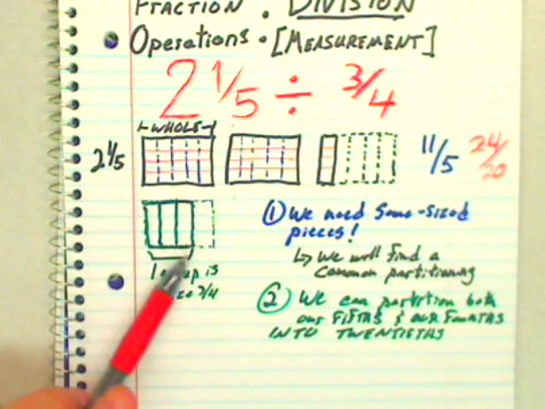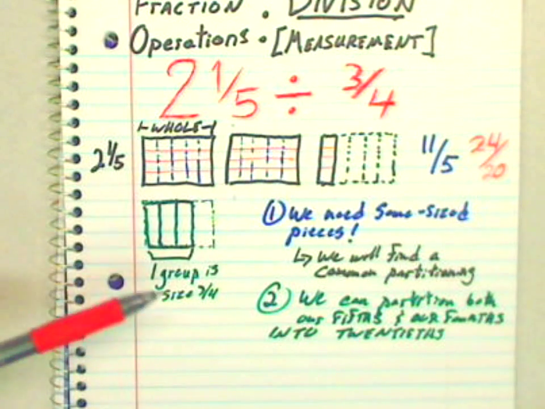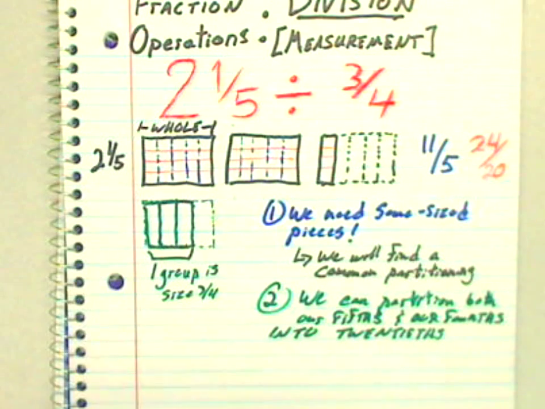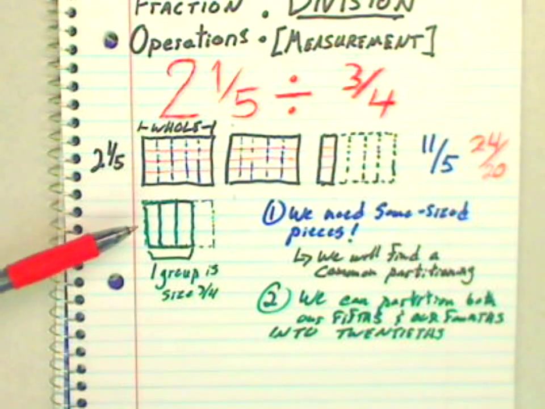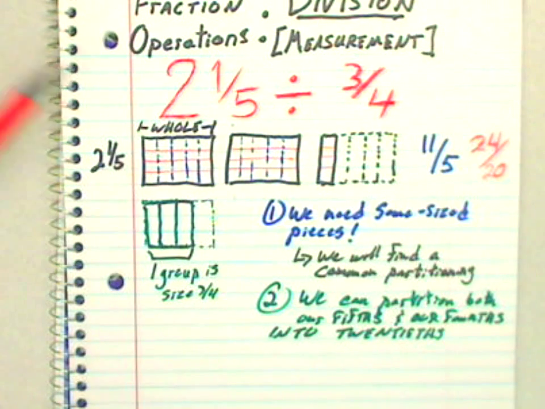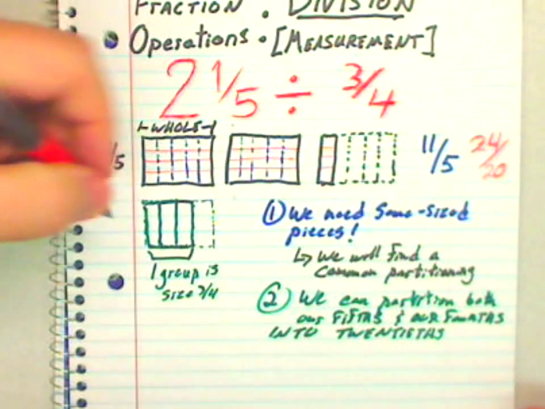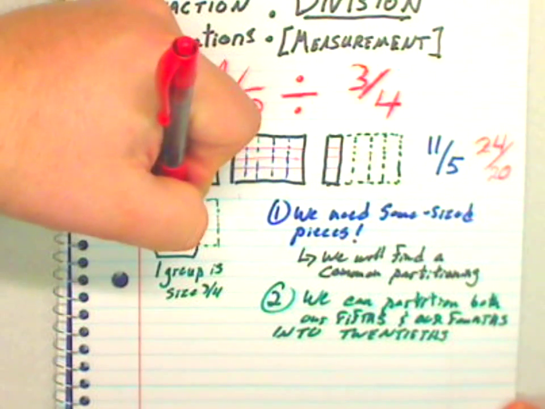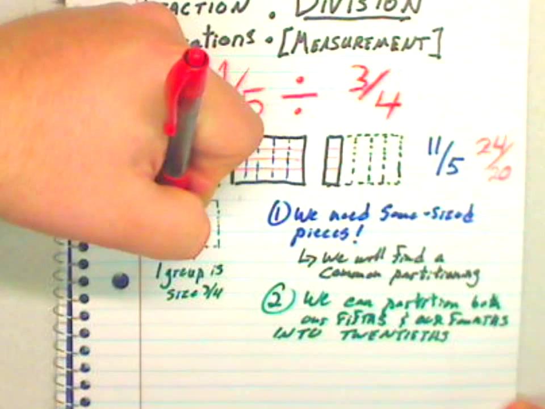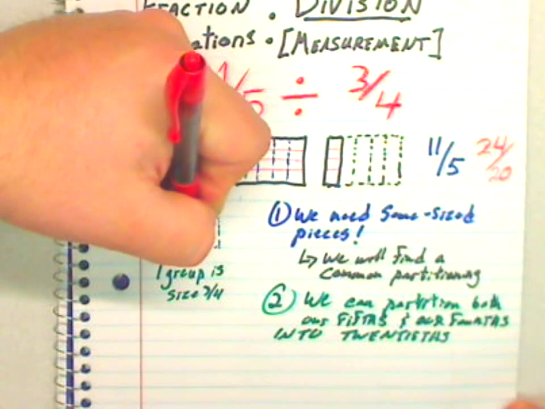Okay, great. Now we need to do another partitioning for our quarters so that we end up with the same size. We want 20ths. So that means I'm going to need to partition each of these pieces into 5 pieces each. So let's go ahead and do that, and I'll use the red ink again. There's 1, 2, 3, 4, and 5.